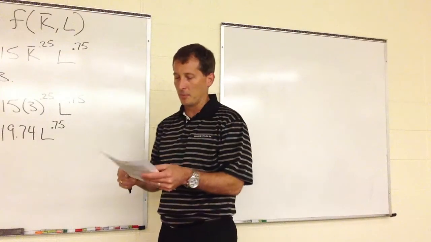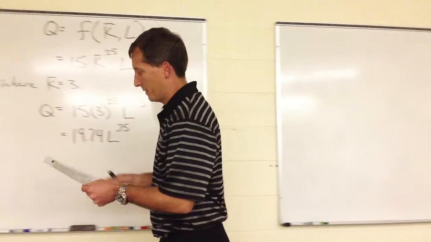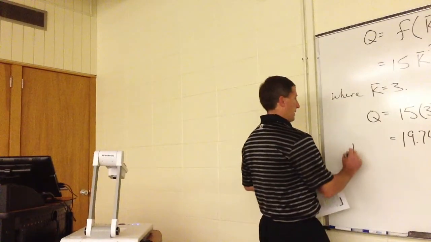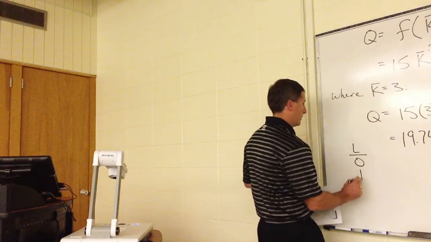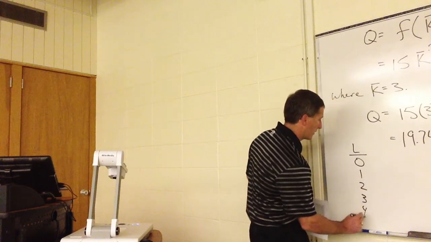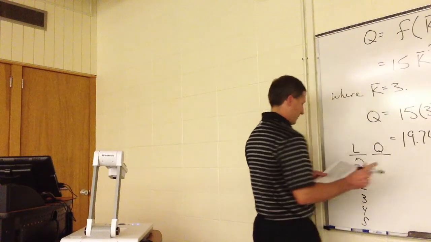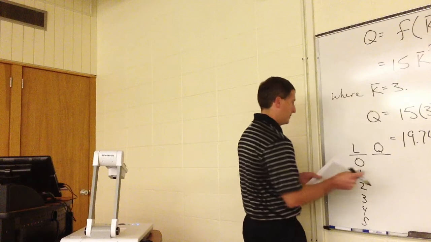So that you all do a number, and then I want you to tell me your number. At L equals 0, 1, 2, 3, 4, 5, output equals. As soon as you get your answer, tell me what it is.